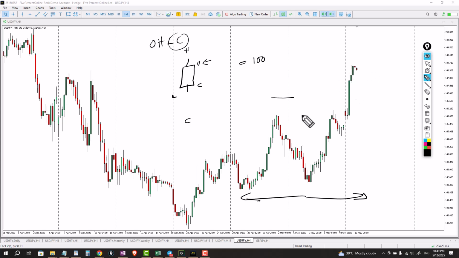Then the trading platform is going to add up all the closing prices, and then divide that by this number, 100, because we're using a 100 period simple moving average in this example. When it does that, it's going to plot the average on your chart.